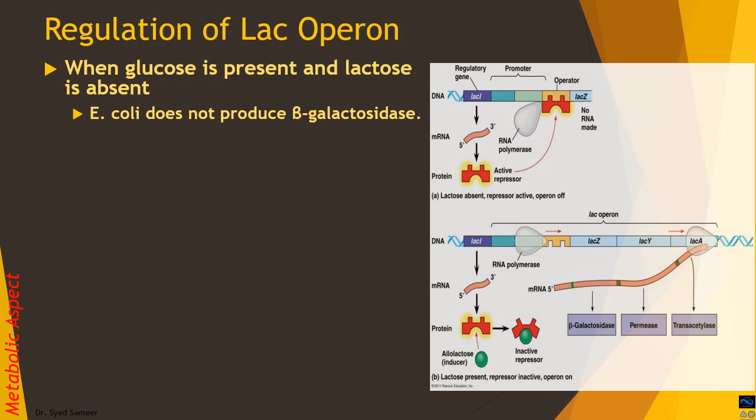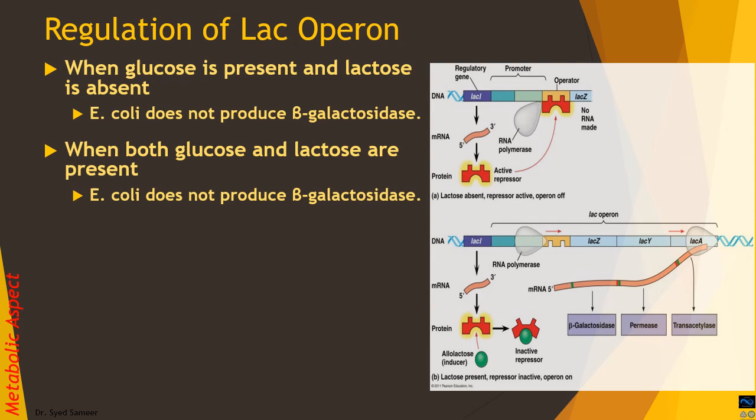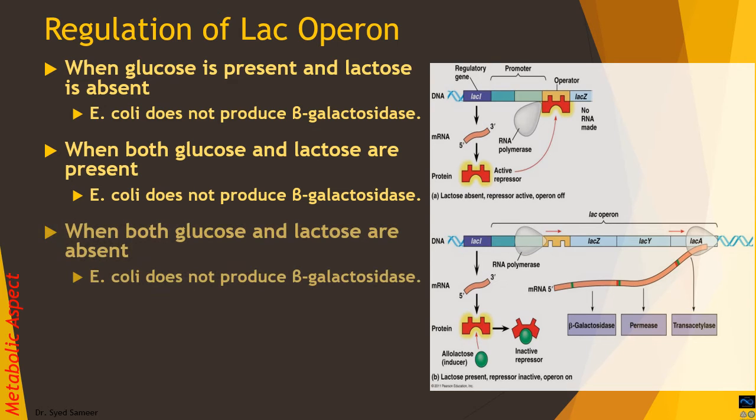If glucose is present and lactose is absent, then we don't need the structural genes to be expressed, and hence E. coli does not produce beta galactosidase. Similarly, the beta galactosidase gene is not expressed when both glucose and lactose are present. And the third scenario is the same kind of scenario when both glucose and lactose are absent. When both are absent, we don't need to utilize anything.